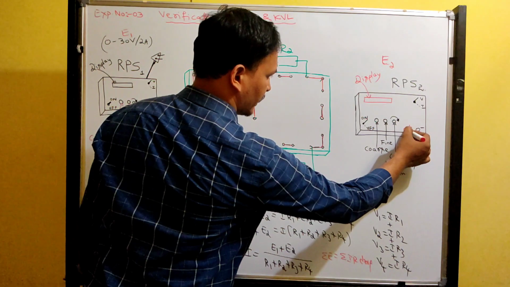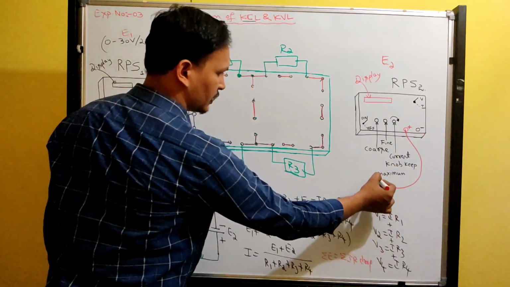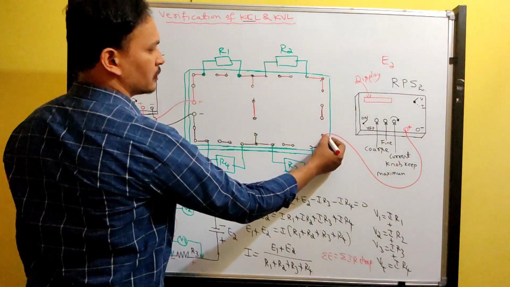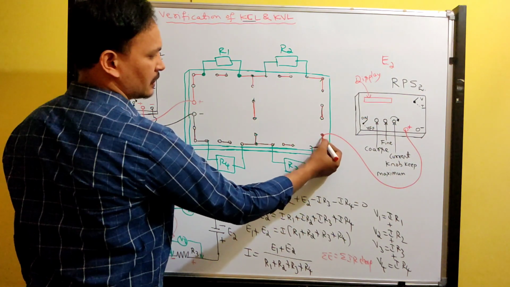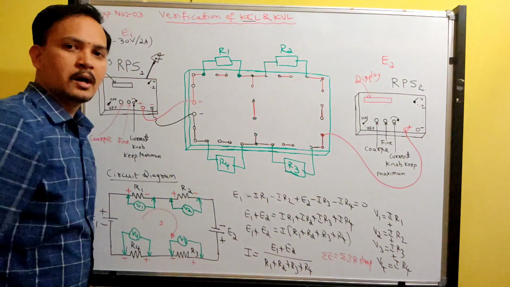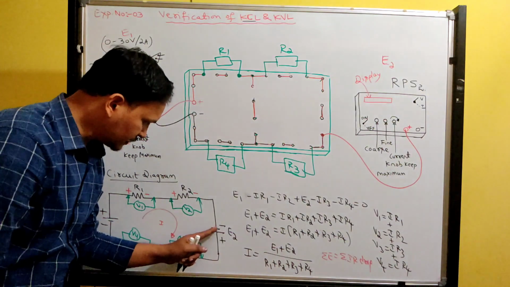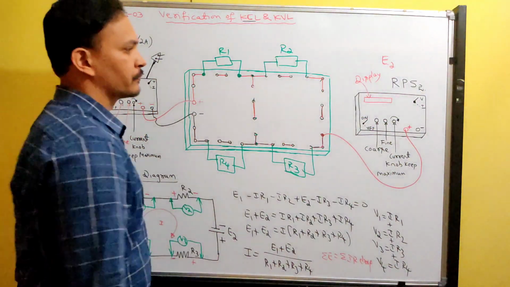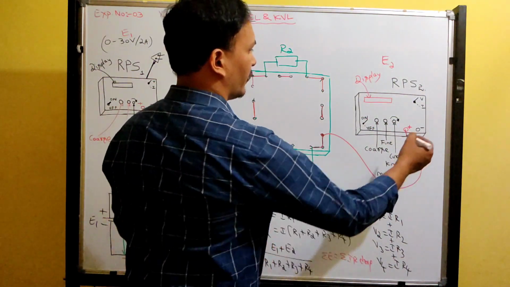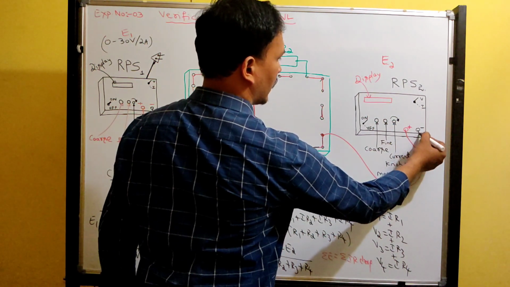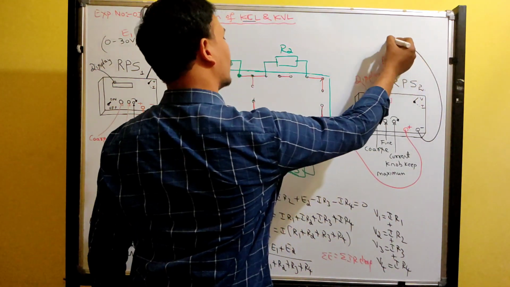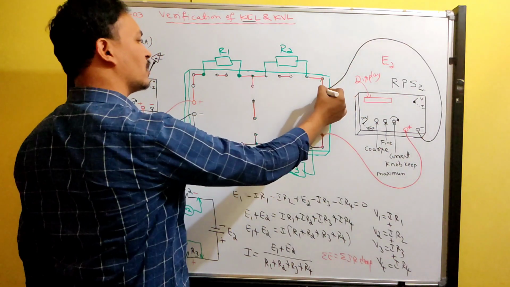So I am taking this plus and connecting here, and it will also go to R3. Next, minus is connected to R2. So minus is here, and I will take it from the top side. Okay. Minus is connected to R2.